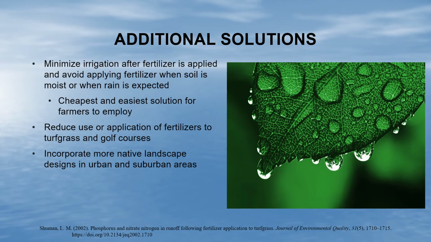And I think adopting more native landscape designs in these urban and suburban areas with more natural plants that have deeper root systems and are healthier for the soil in general would mitigate the need. Well, they would really eliminate the need for adding any additional fertilizer, which could decrease the total nutrient load that we receive in our river systems.